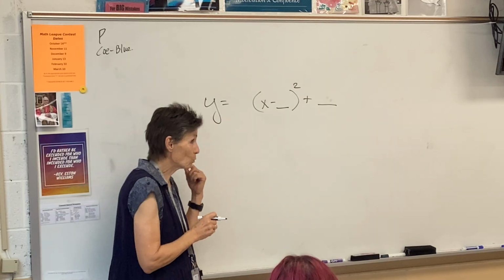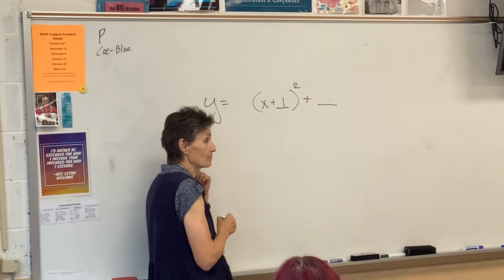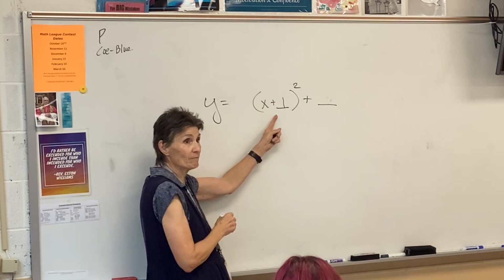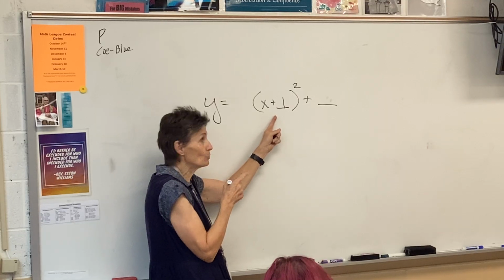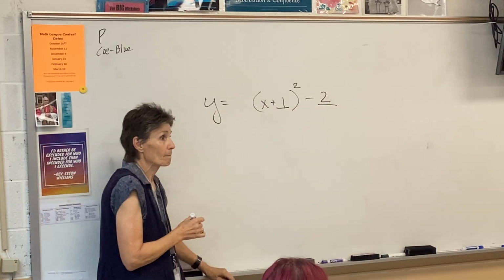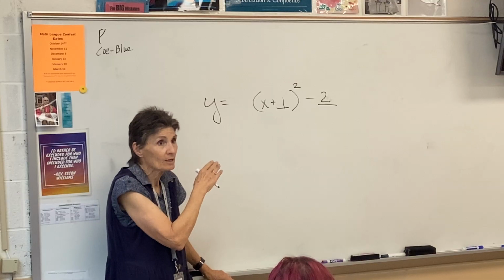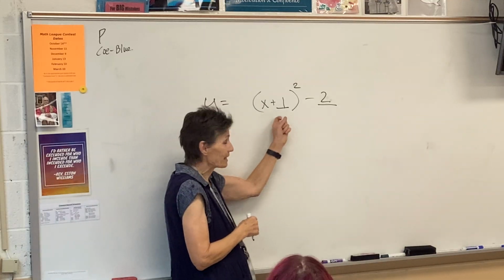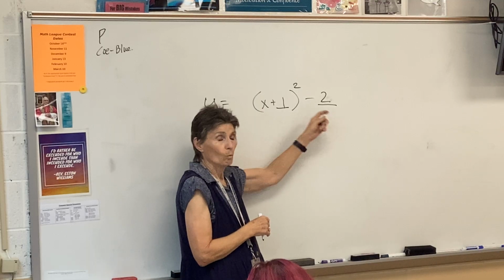To the left one, up to, which means x plus one. Won't that make it go left one? Yes. And then it's going down two, minus two. That's what a parabola looks like whose vertex is at -1, -2. Left one, down two. What's missing?